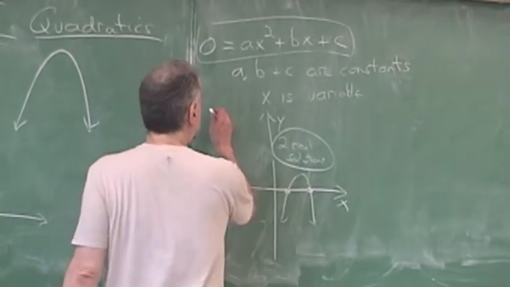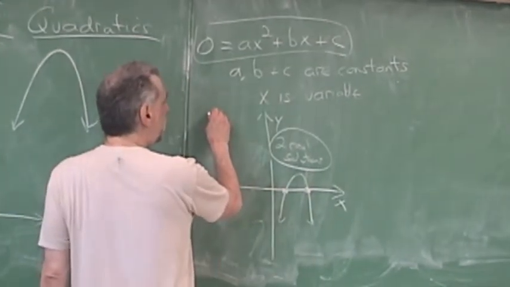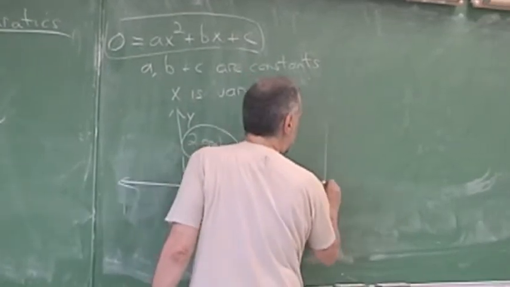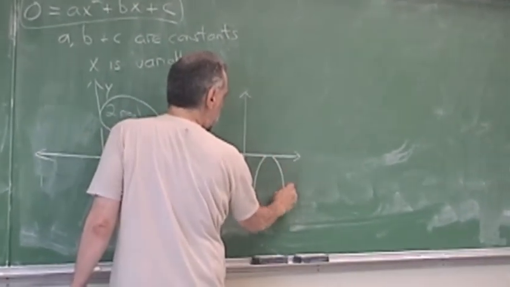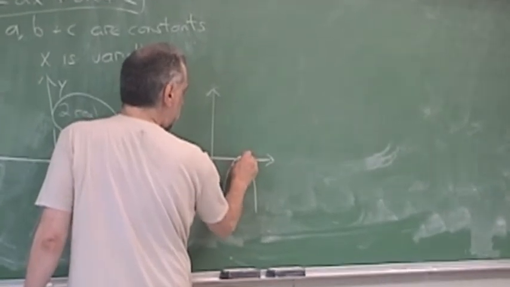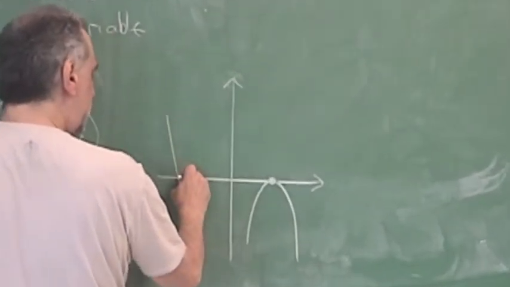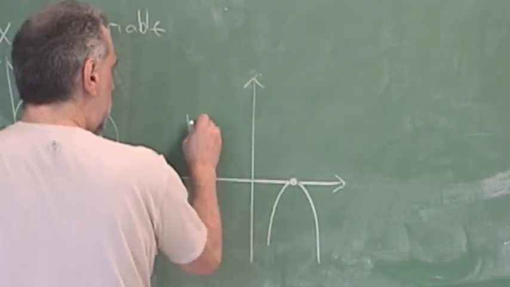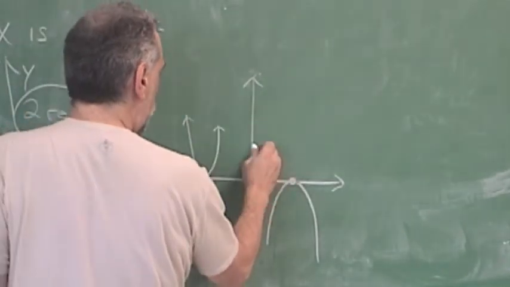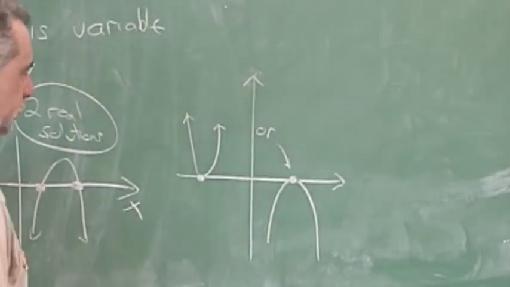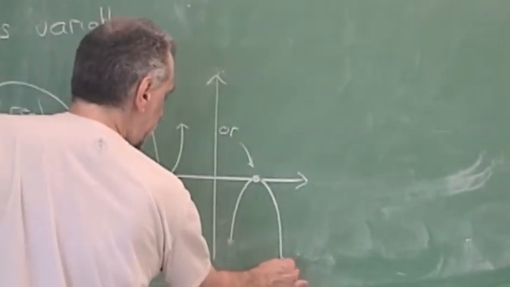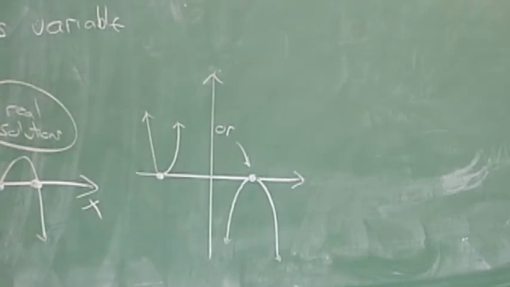Now sometimes we're going to have this case where only the very top of the parabola touches the x-axis, or just the very bottom, or something like that. I'll put arrows over here to show that it goes down and out to infinity.